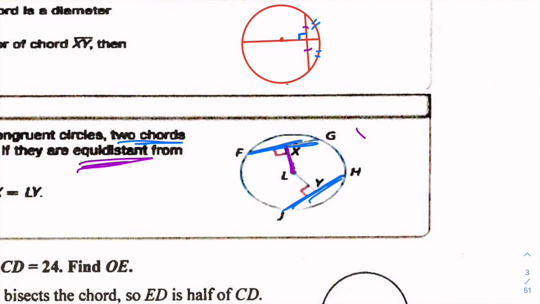So this distance, if XL is congruent to LY, XL right here, LY, if they're congruent, well, what does that mean? That will then state that, with this arrow, the chord FG is congruent to JH, okay?